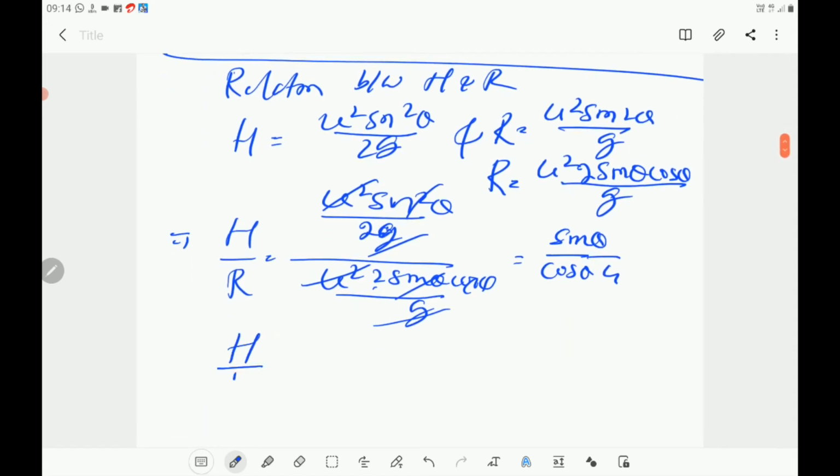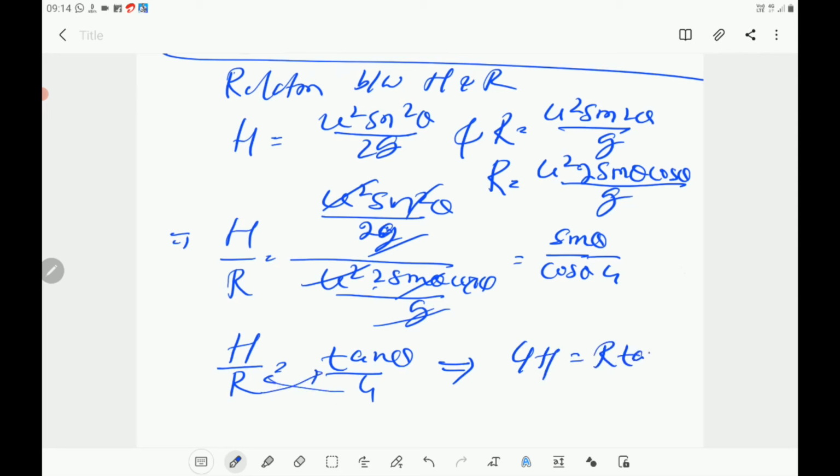Come on, guess the relation. Sin theta by cos theta, tan theta by 4. And this implies 4 times h, cross multiplying, equals r tan theta. Very important, popular equation.